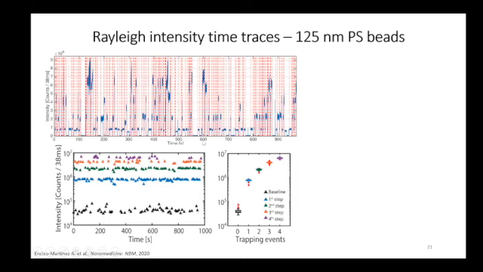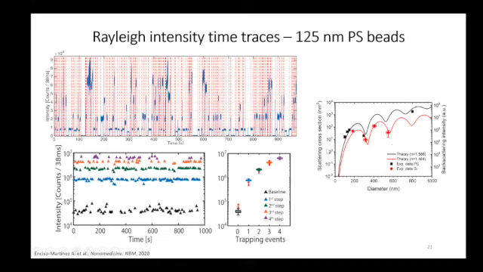So together with Edwin van der Pol, we tried to calibrate our setup. We are obtaining here the Rayleigh scattering, which is a backscattering intensity in arbitrary units. We wanted to calibrate it to get the scattering cross-section in absolute units, but also we wanted to see if our data was in accordance with a Mie model. So in this plot, you see a Mie model.